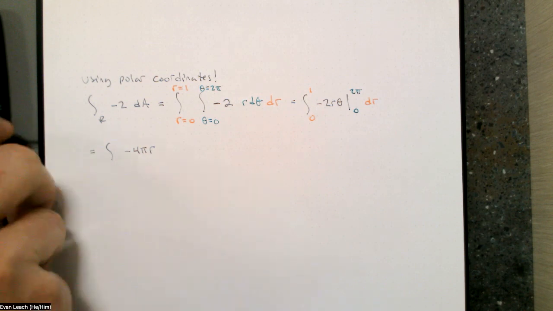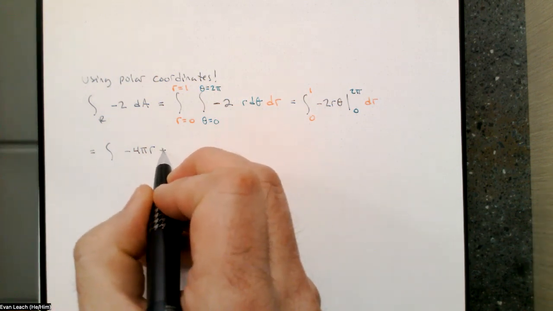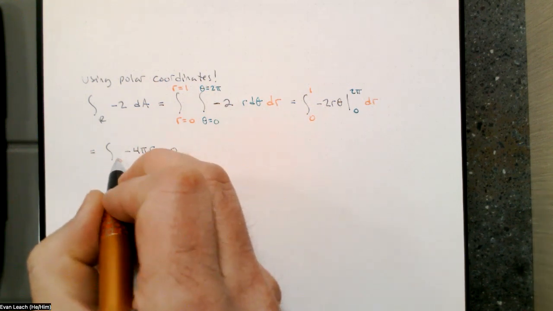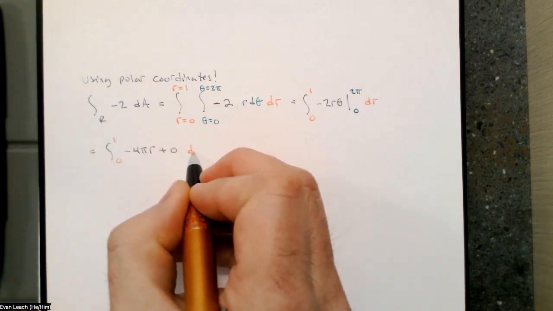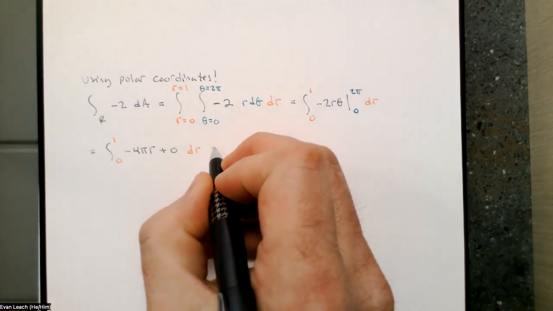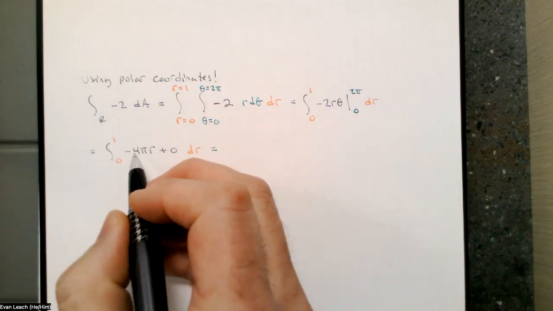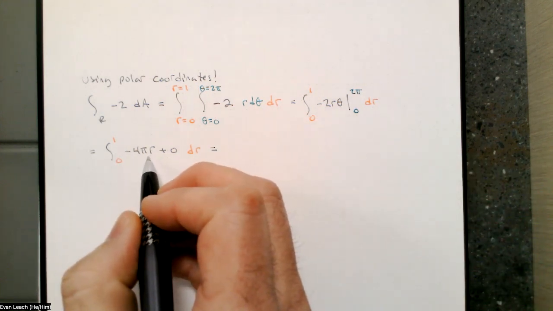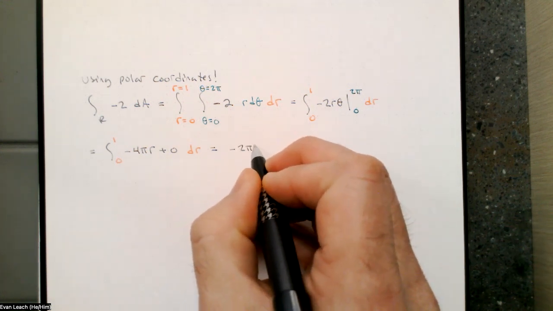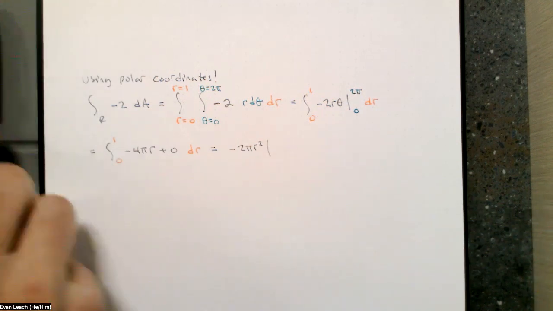Then when we plug in 0, we get 0. And we still need to integrate dr. The integral of negative 4 pi r is negative 2 pi r squared, and we'll evaluate from 0 to 1.